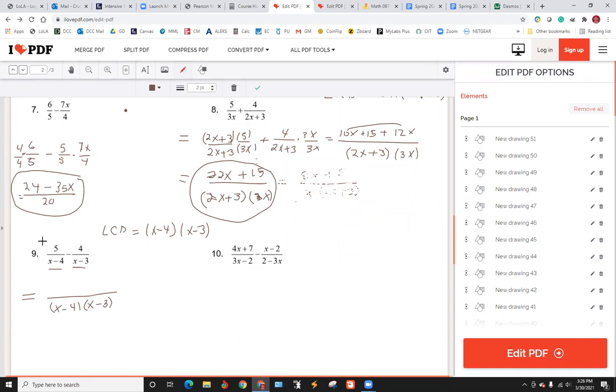is that the 5 gets multiplied times the x minus 3. We've got that negative sign. And then the 4 multiplies the x minus 4. It's a negative 4. That's important because you've got to multiply both of them.